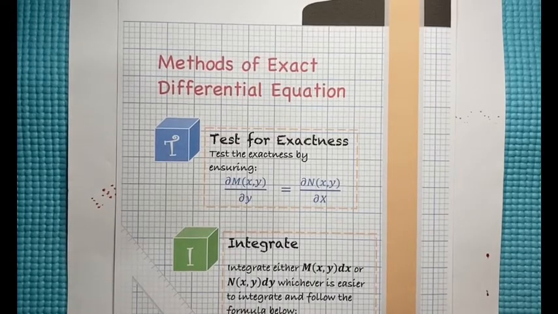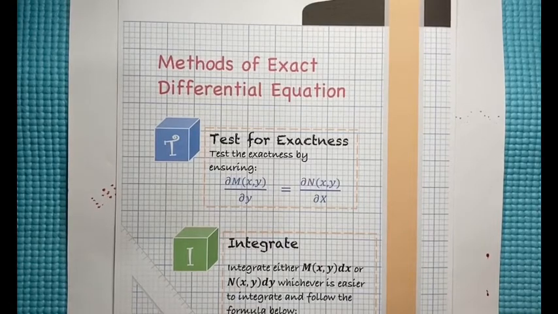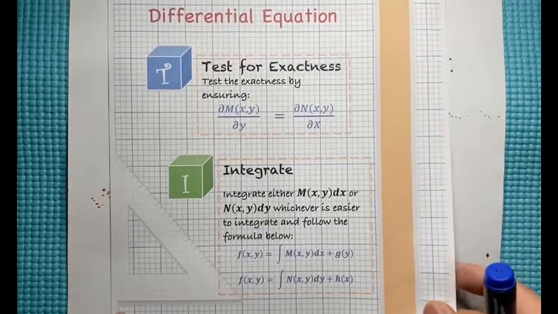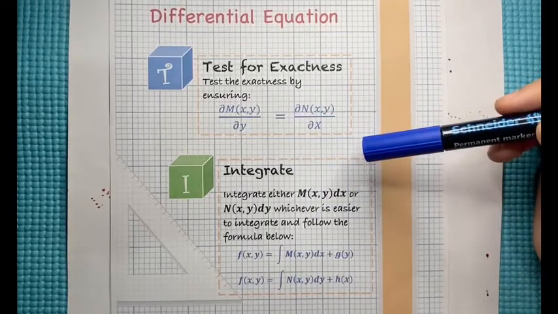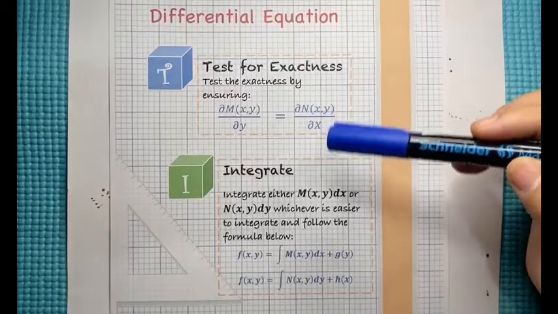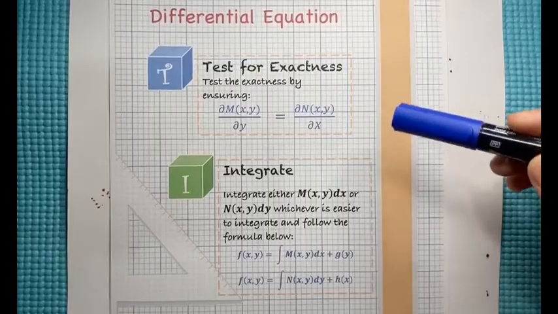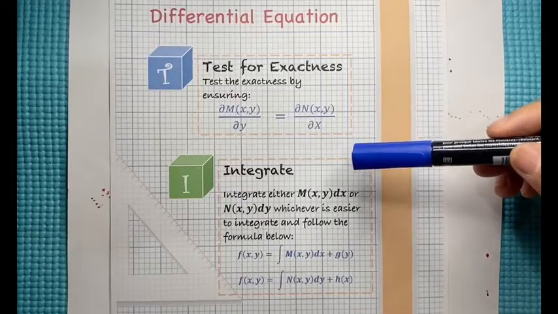If such is the case, then we can right away proceed with the integration process of the exact differential equation. In this case, the second step is that we are going to integrate. We choose whether we are going to integrate M of x and y dx or the function N of x and y dy. Usually, the one that I choose would always be the one that is less complicated to integrate.